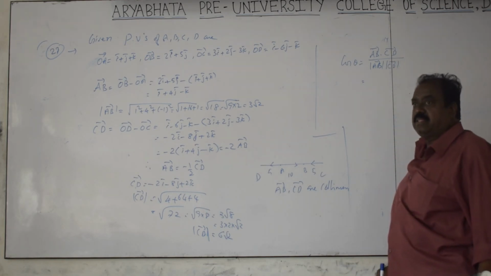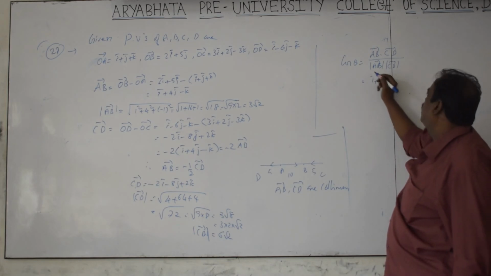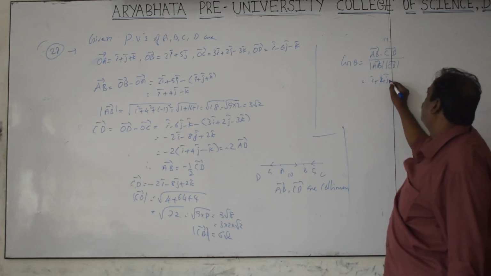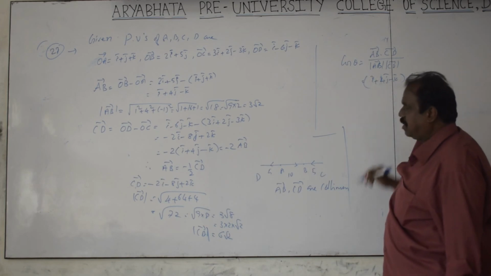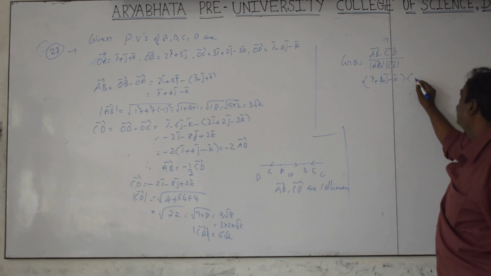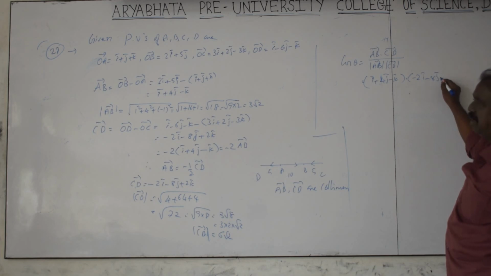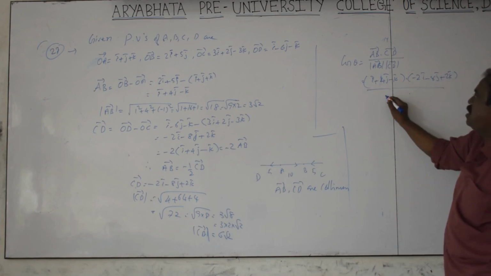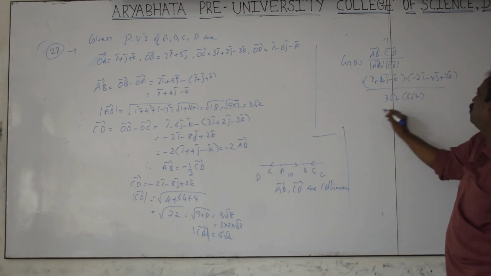AB bar is i plus 4j minus k, dot minus 2i minus 8j plus 2k, divided by 3 root 2 times 6 root 2.